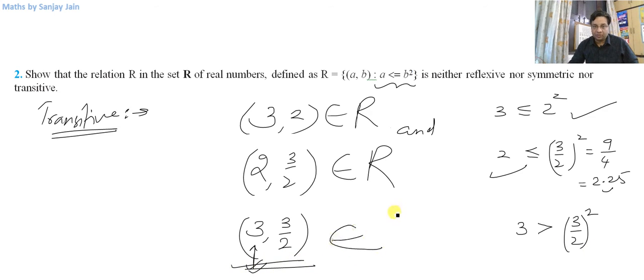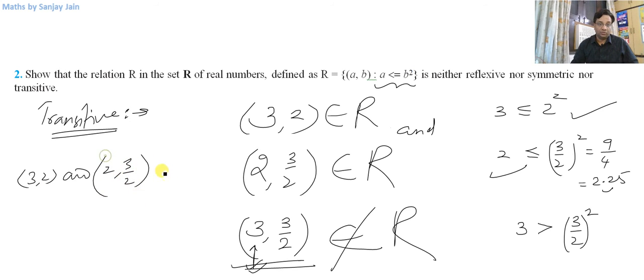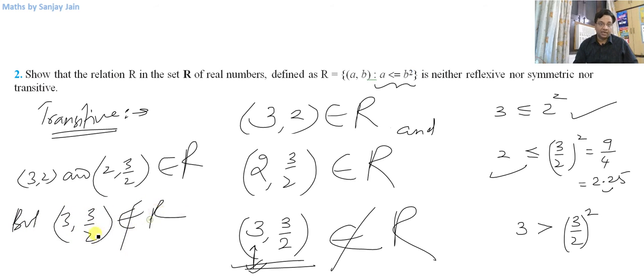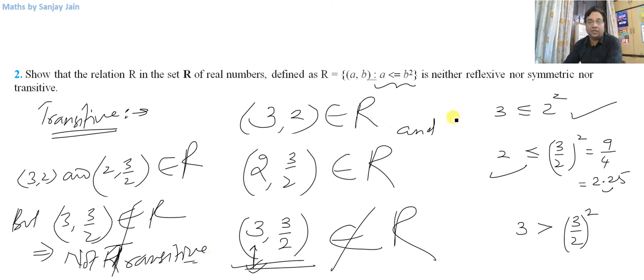So it doesn't belong to this relation R. So I can say that 3, 2 and 2, 3 by 2 belong to relation R, but 3 comma 3 by 2 doesn't belong to relation R. Hence, this relation R is not transitive. So I have given you examples to prove that it is not reflexive, not symmetric, not transitive.